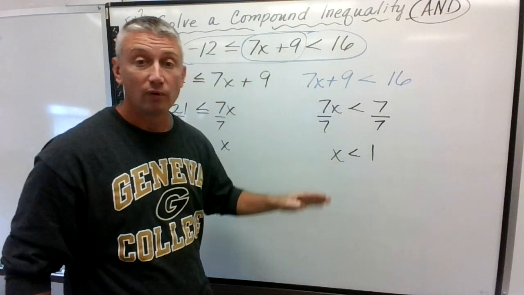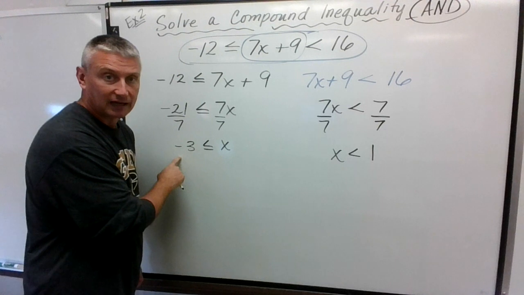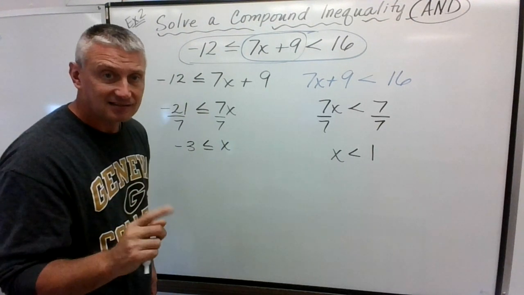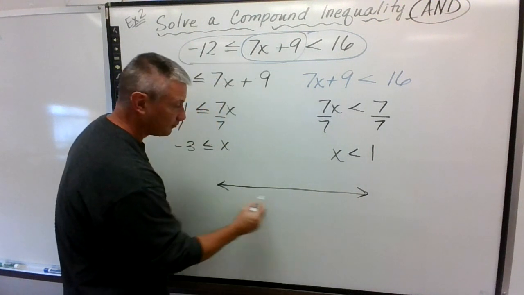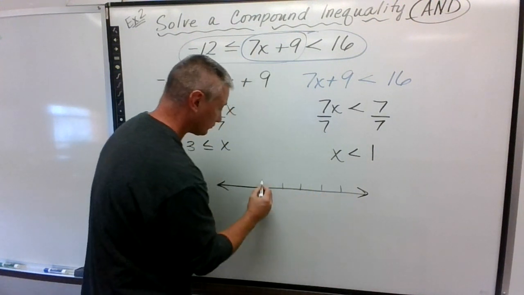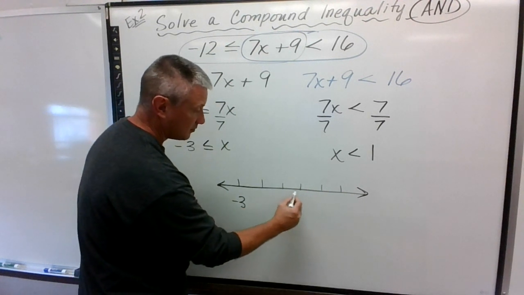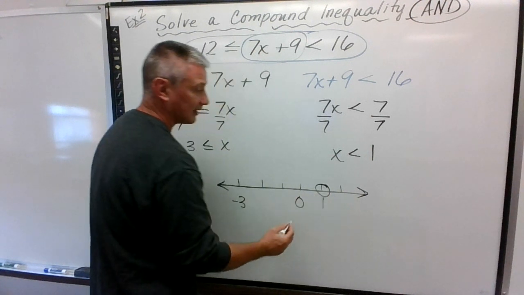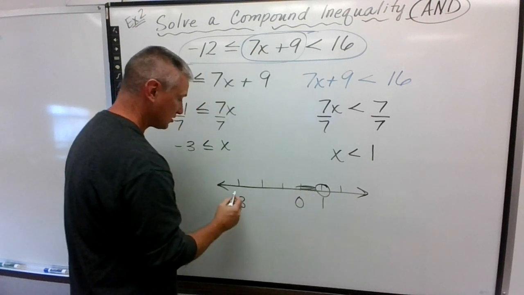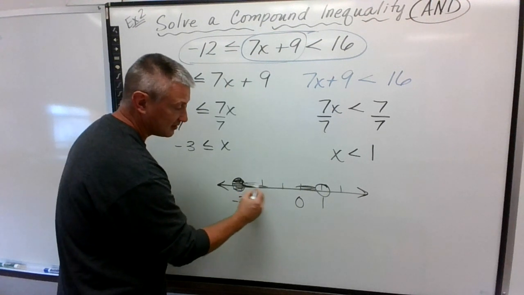Okay, so we read x is less than 1, and we read x is greater than or equal to negative 3. So this x, guys, lands in between those two. If I have negative 3 here, 0 here, 1 here, x is less than 1 going in this direction, and x is greater than or equal to negative 3 heading in this direction.